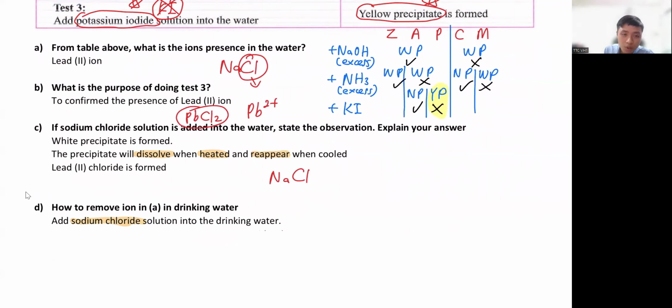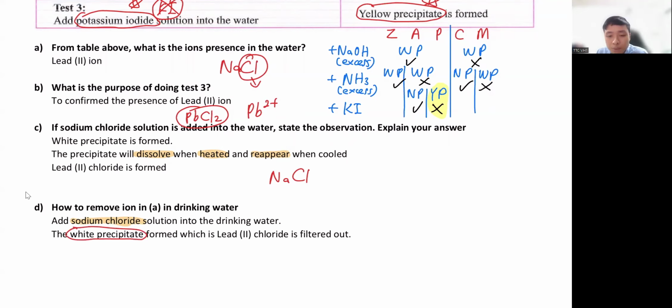So what happens is I form PbCl2. PbCl2 is your insoluble salt. Insoluble salt we form from two soluble salts. So what happens is insoluble salt you have white precipitate. This white precipitate can be filtered out. After filtering out then you get your clean water, your pure water.